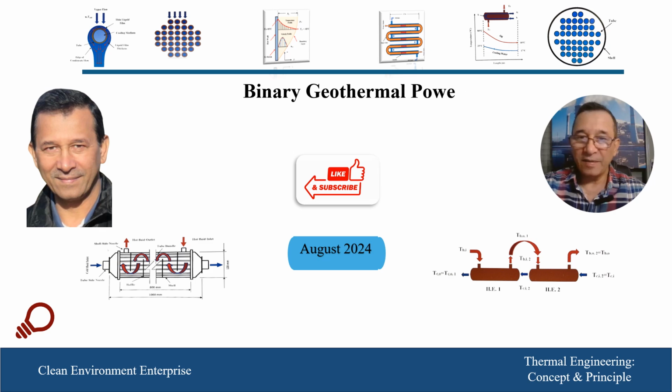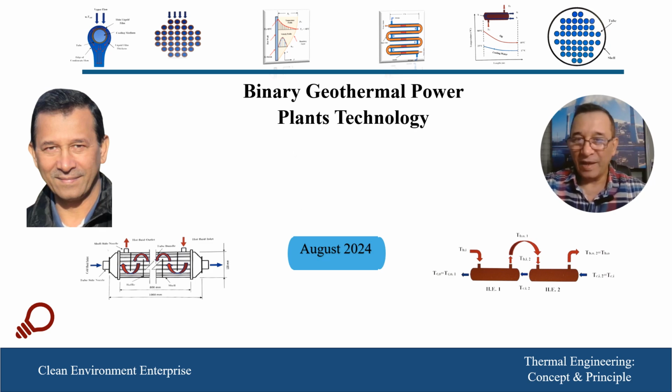In the present episode, I will talk about the last type of these plants, which is the binary geothermal power plant. So let us pass through the contents of this video.